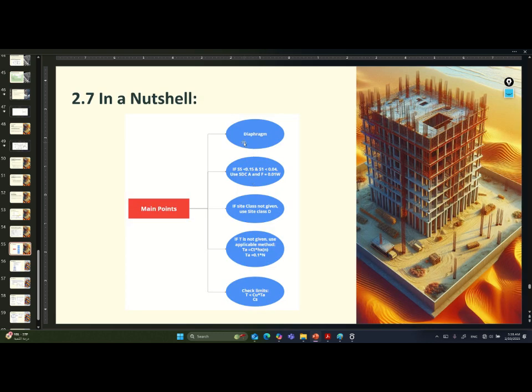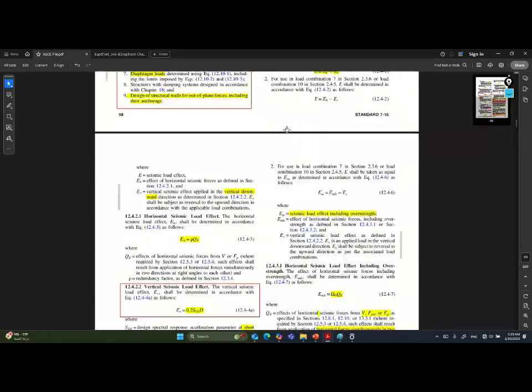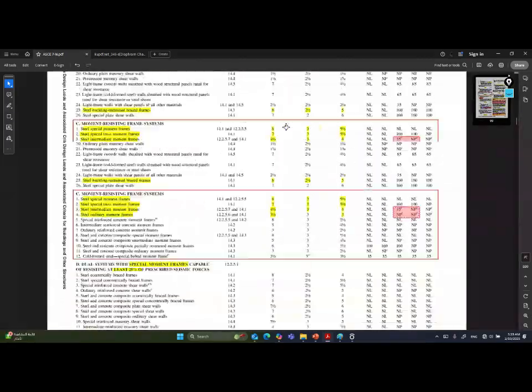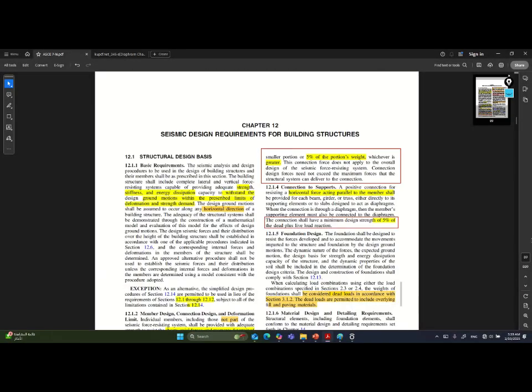So just focus on the diaphragm. At least 3 questions will be in the exam. It is a very important part, and as I told you, in these parts you need to focus. Of course there is chapter 13 and also chapter 15, just so you have the general idea of them. These ones are for the structural.